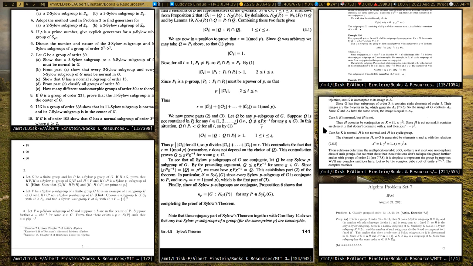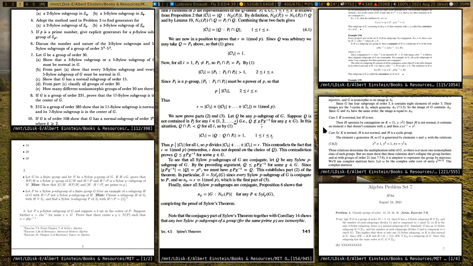I think I'm getting close to what you're saying. So since the centralizer of A contains both P and X P X inverse, and both of those are Sylow subgroups of the centralizer of A, therefore they're conjugate within the centralizer of A. Yes.